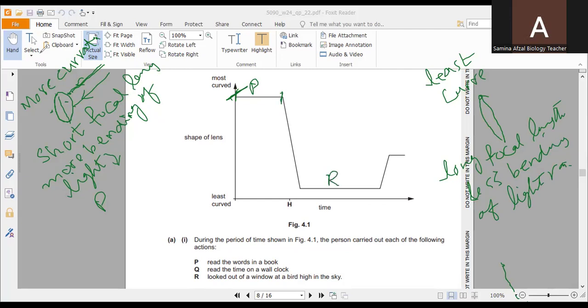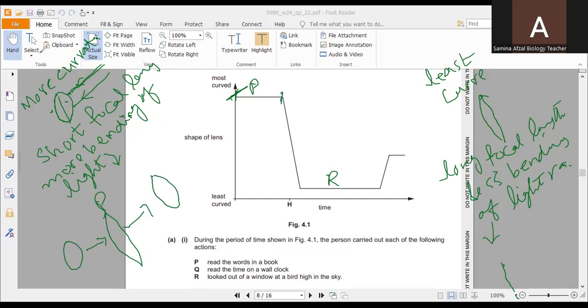Then you can see the curvature is increasing again, but it will be less than P. It means this is the medium curvature.